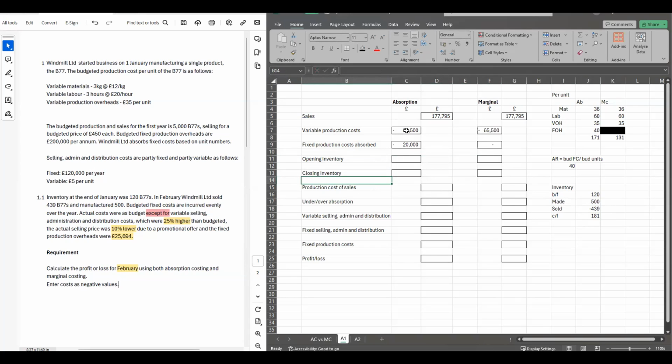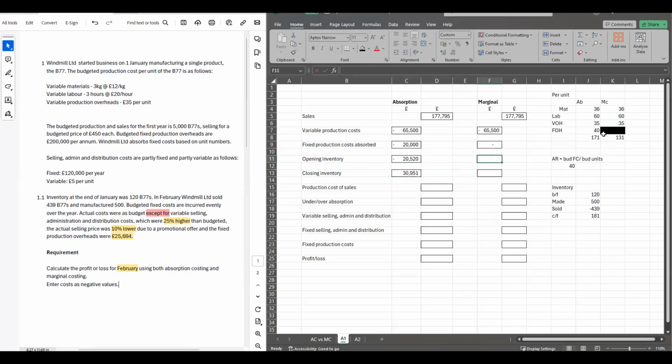So really, really critical there in terms of variable production and fixed production costs, you're going to use the manufactured units. Then in terms of the opening and closing inventory, this is where, again, it just becomes like okay, well, my opening inventory under absorption was 120, and then my per unit cost under absorption was 177. And that needs to go in also as a negative number. And then in terms of the closing inventory, it's 181, again, multiplied by the 171.